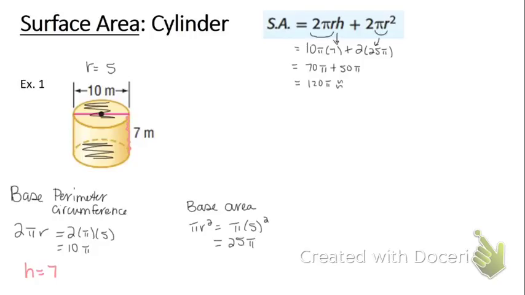And then you guys can now do 120 times pi in your calculator. So 376.99. And we're talking about surface area, so that is squared.